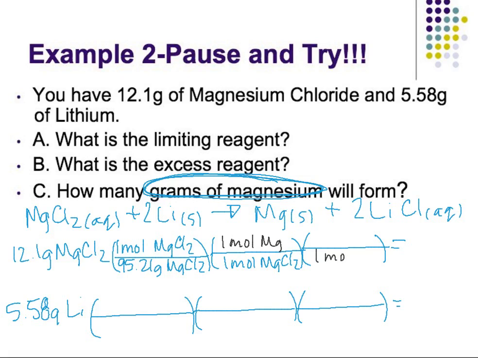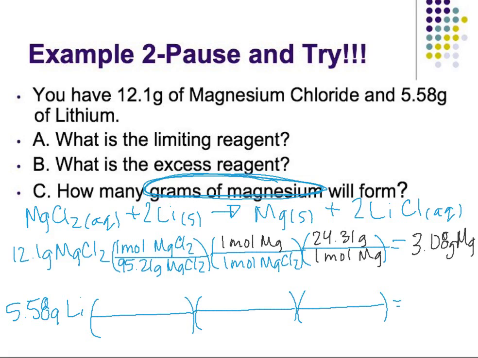And from the periodic table, 1 mole of Mg has 24.31 grams. For a final answer, once we calculate this all out, we get 3.08 grams magnesium as our answer.